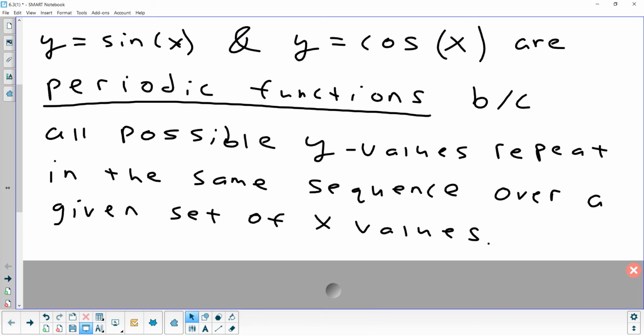So what I'm going to do now is put the graph back up of sine and explain what this means a little bit more visually. Whether I put up the graph of sine or the graph of cosine, they're basically the same graph. I tried to show you earlier. One of them is really just a horizontal shift of the other.